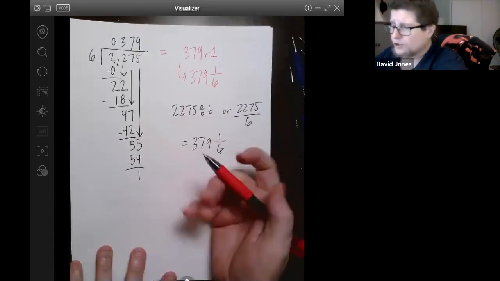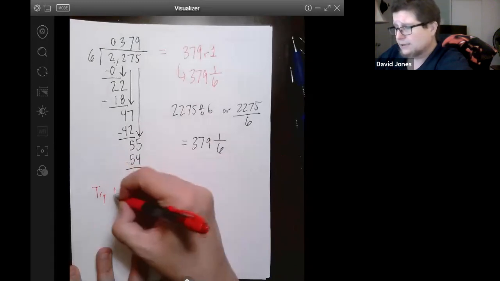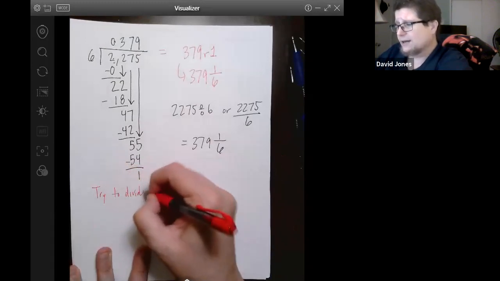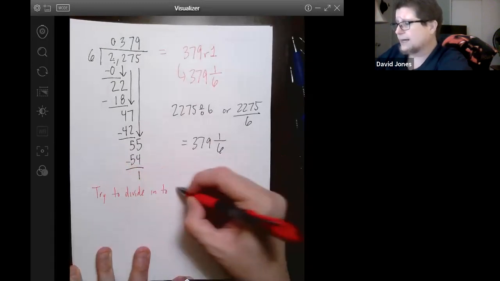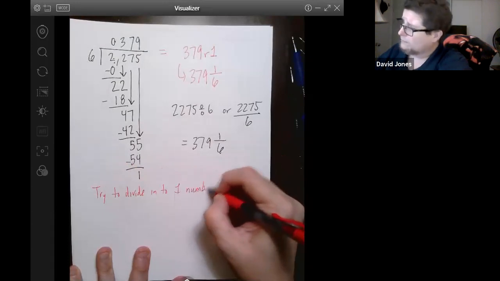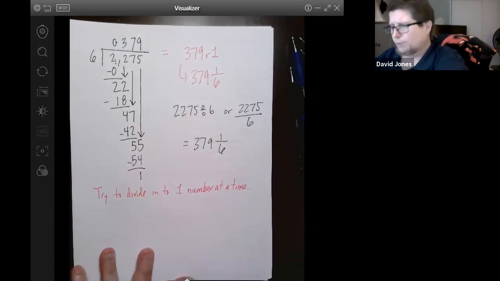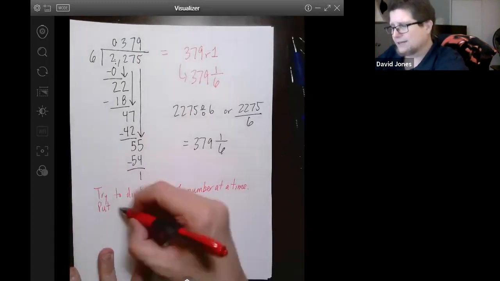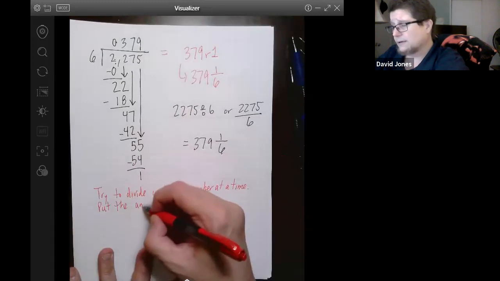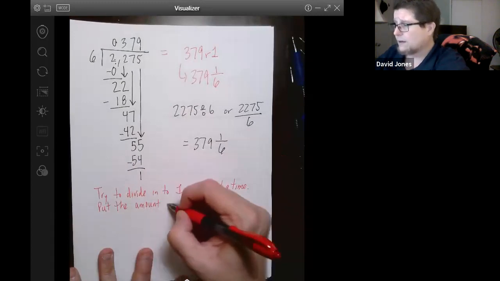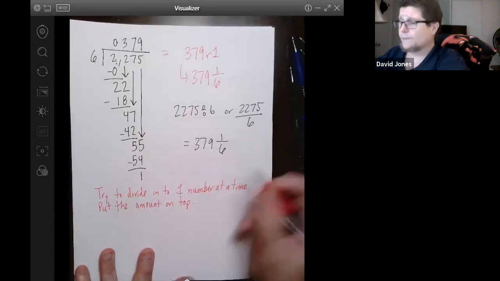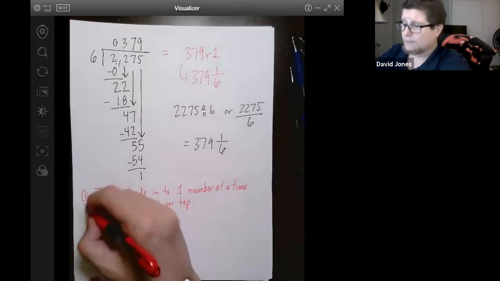What did we do? You try to divide it in, one number at a time. Put that amount on top, how many times it divides in. Step 1, step 2.